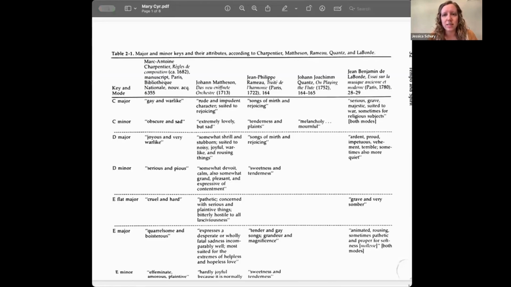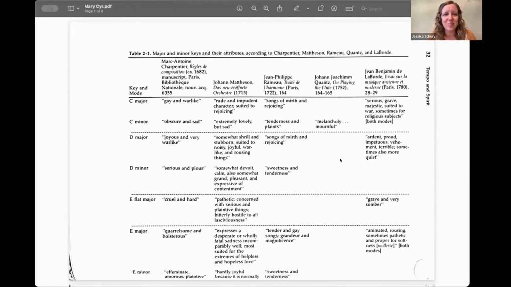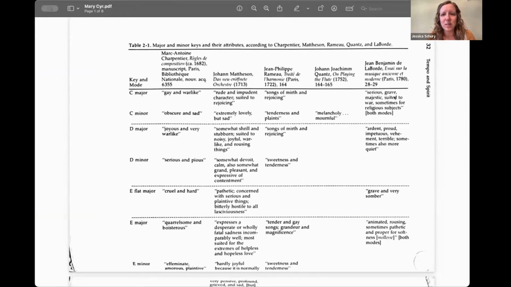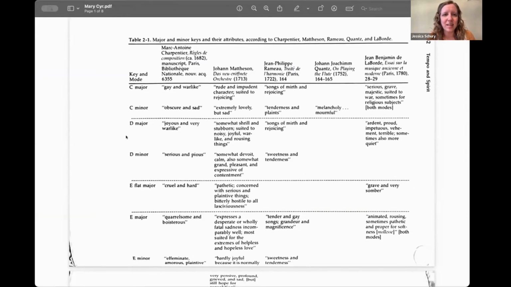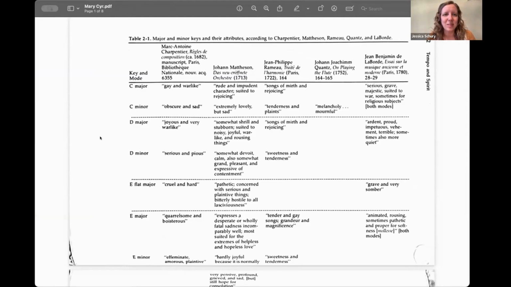In her book, she makes this little chart of keys and what some of these other people thought. You can see they're not always the same throughout. People didn't always have the same thoughts, but they were similar.